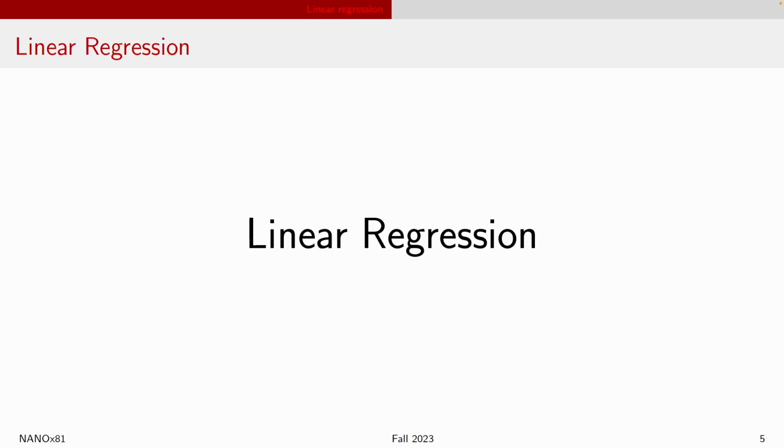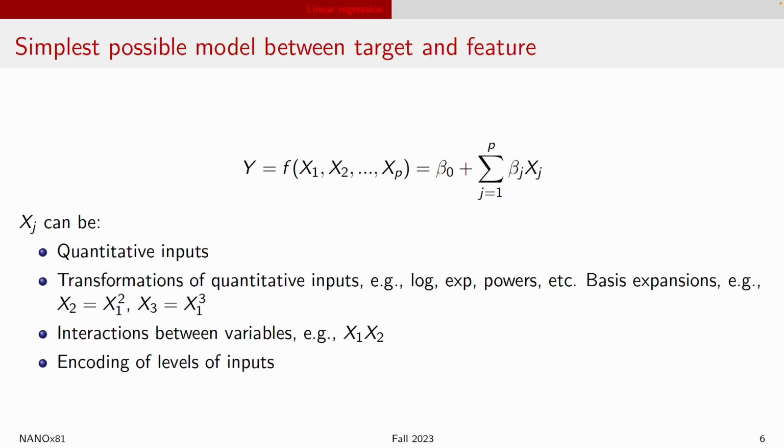All right, so let me start with something you're familiar with, which is linear regression, okay? Now, a linear model is essentially the simplest possible model that you can have between a target and the features. So please note the terms. Target means the thing that you want to predict.